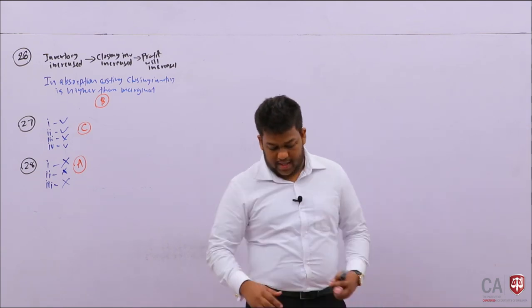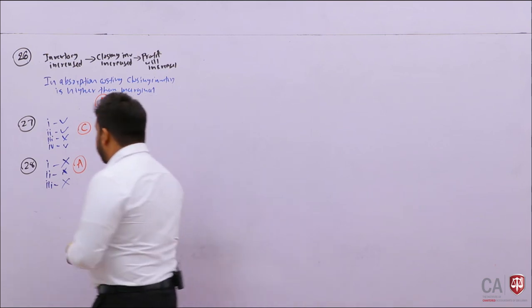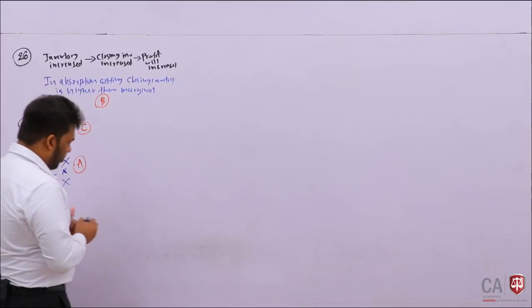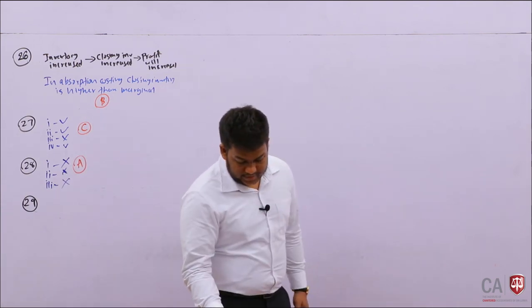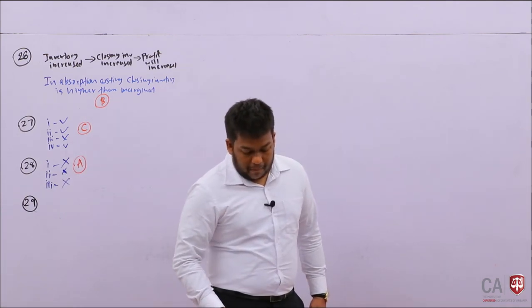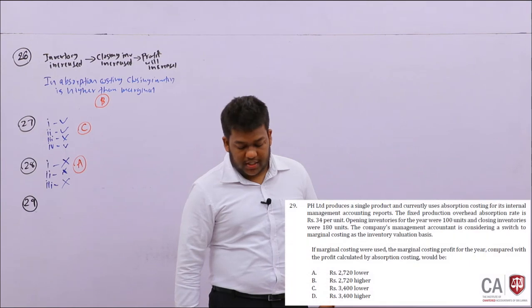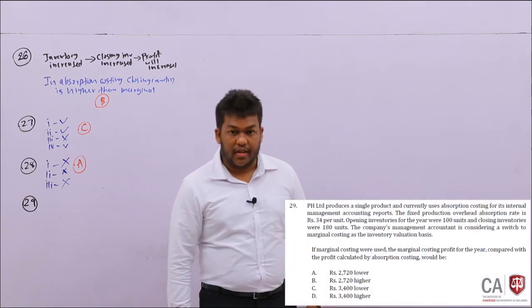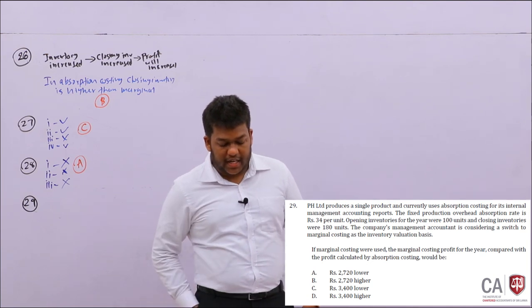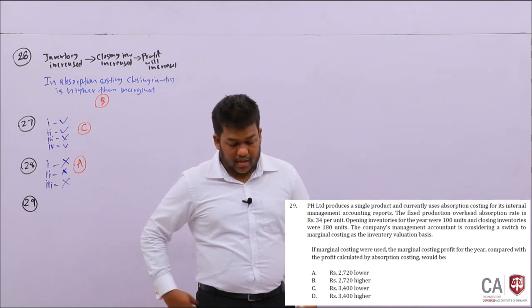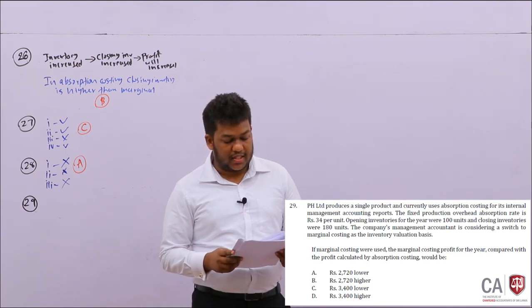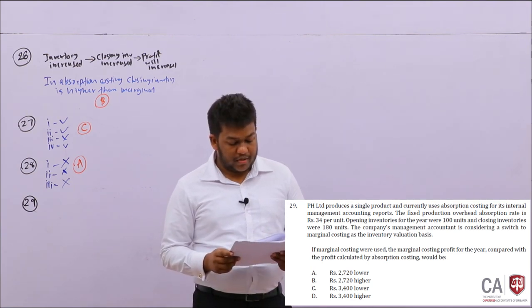Question number 29. PH Limited produces a single product and currently uses absorption costing for its internal management accounting product reports. The fixed production overhead absorption rate is rupees 34 per unit.